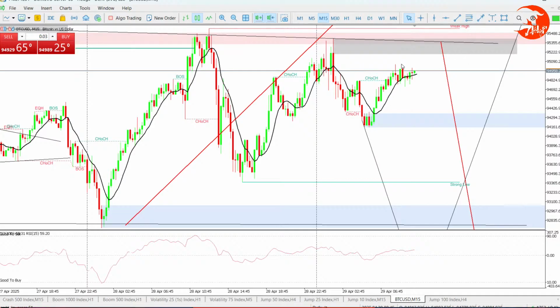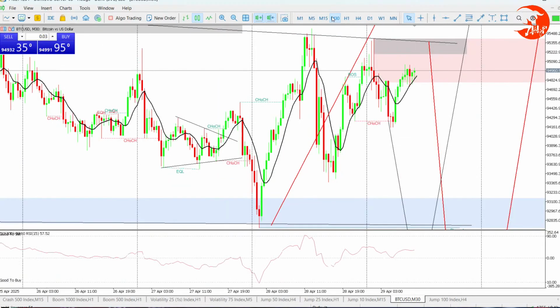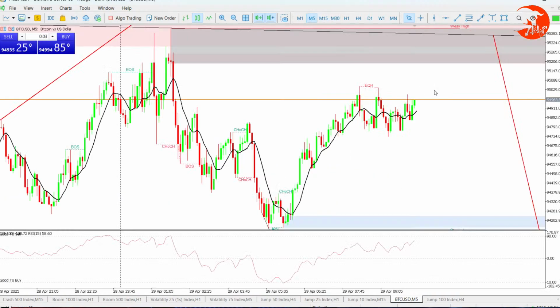So all I need now is price to give me an entry to sell this asset. According to M15, I need to sell it. M30, I need to sell it. I think I can now try to incorporate in M30. M5, let's see. Let's look at M5 and see what we are having here.